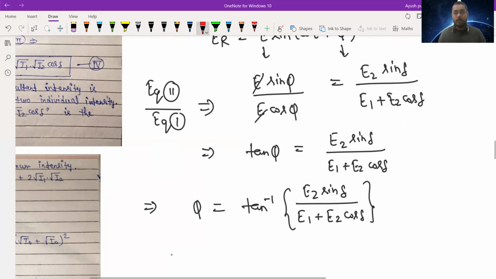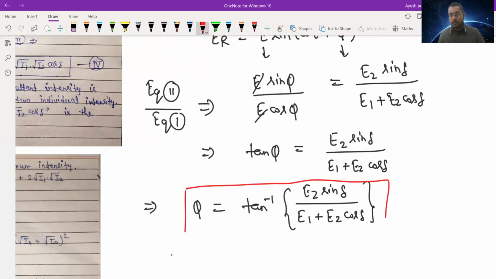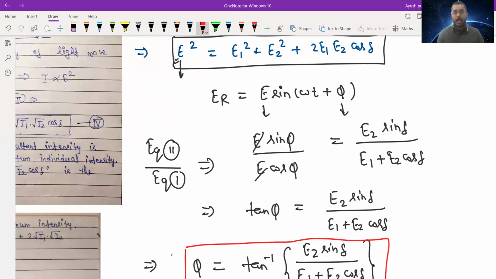If we know these two things, then obviously we have got the resultant wave equation. So these two equations are important, and I want you to write them down. I will highlight these two equations.